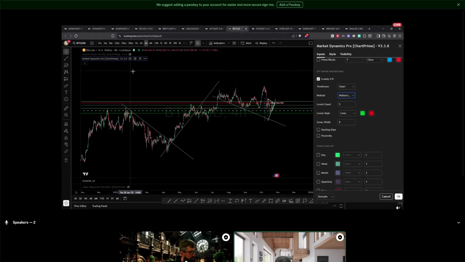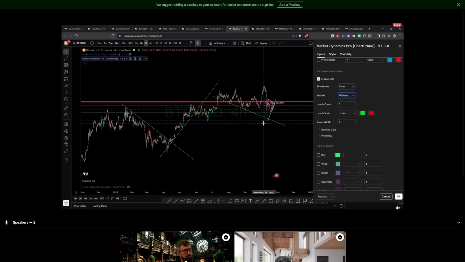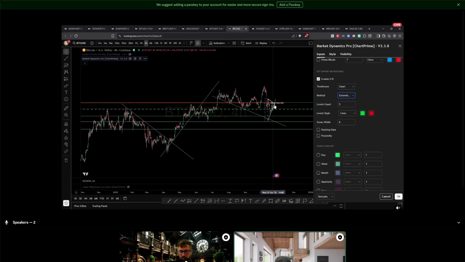Wait for this little eye to stop moving. And look at that. It's measuring a bigger range. Or even extended node. Let's wait for that little eye to stop moving. And you'll see it in a second. There we go. As you can see, you have much more spread out support and resistances.